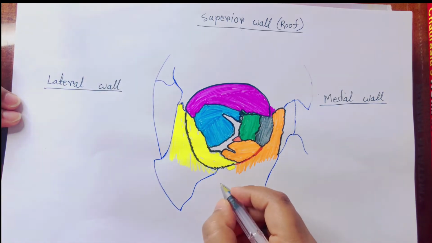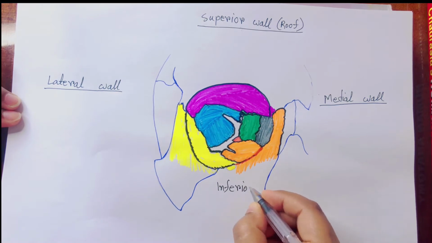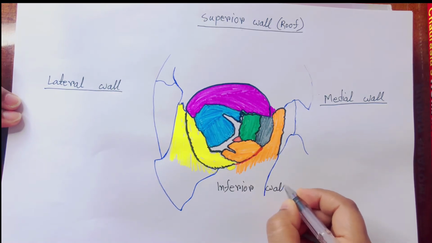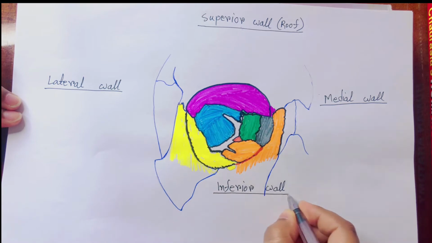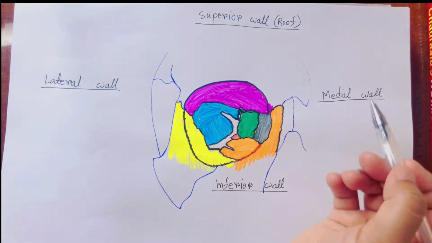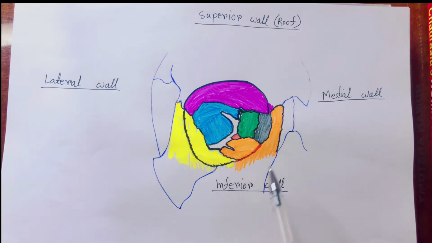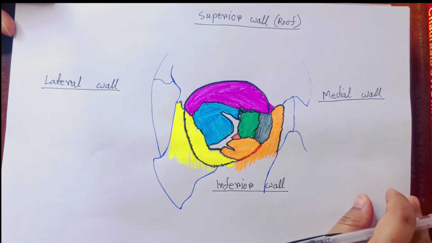And this is inferior wall. Now we will see which bones make the superior wall or roof, which bones make the medial wall, then lateral, inferior. So we will see all the bones.